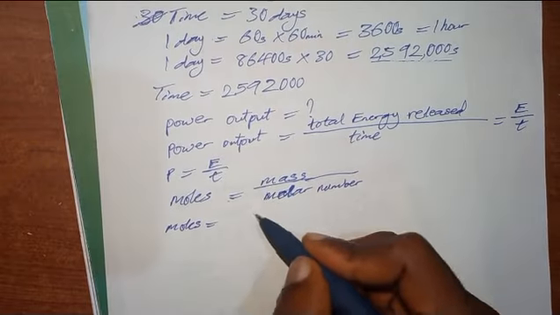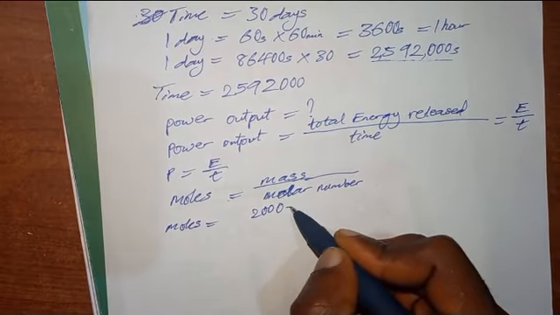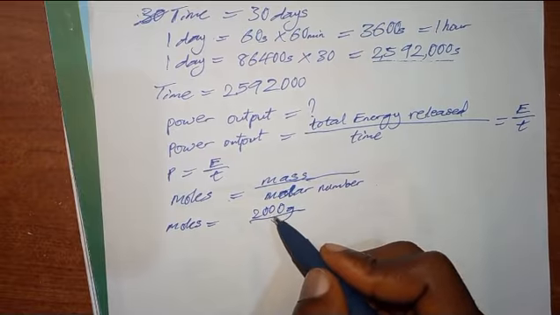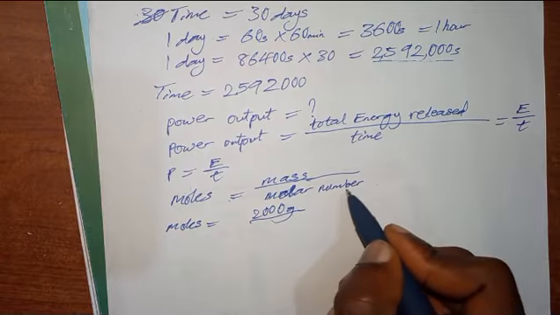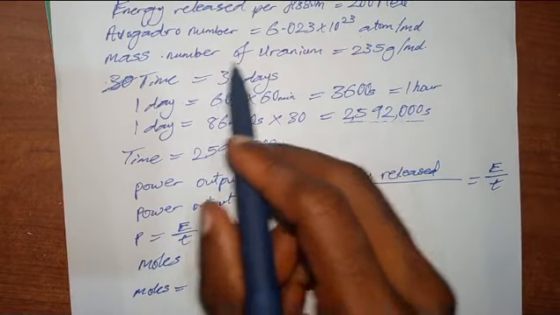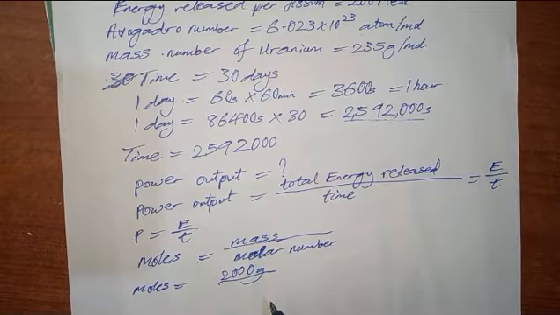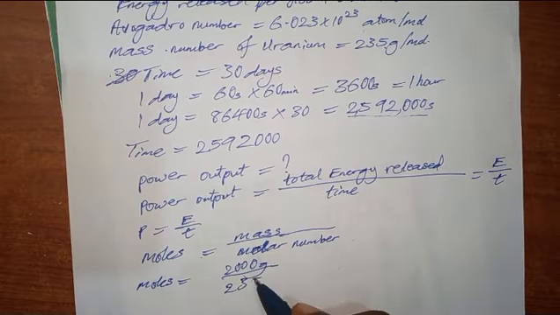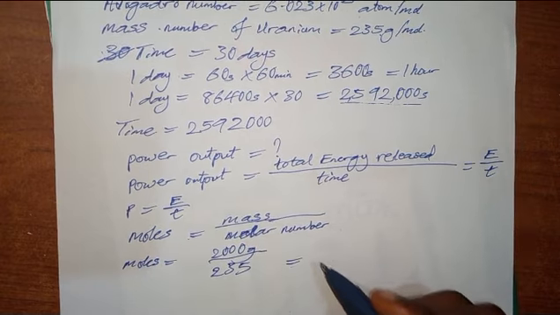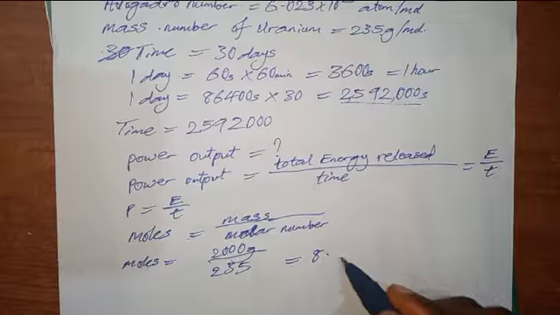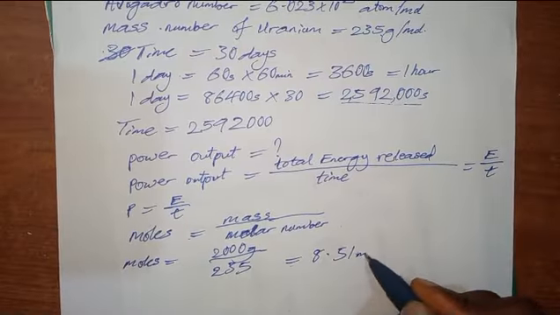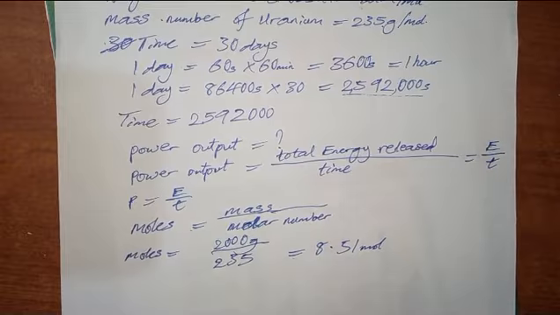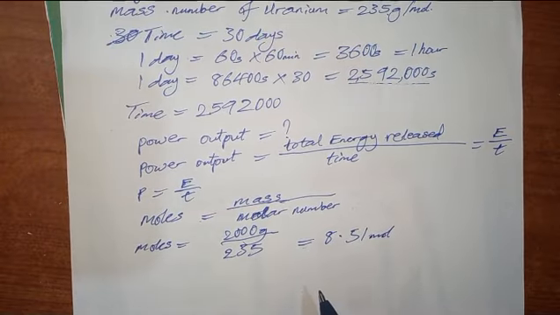So the mass given here is 2000 grams over the molar mass of uranium, which is 235. If you divide very well, there we have 8.51 moles.